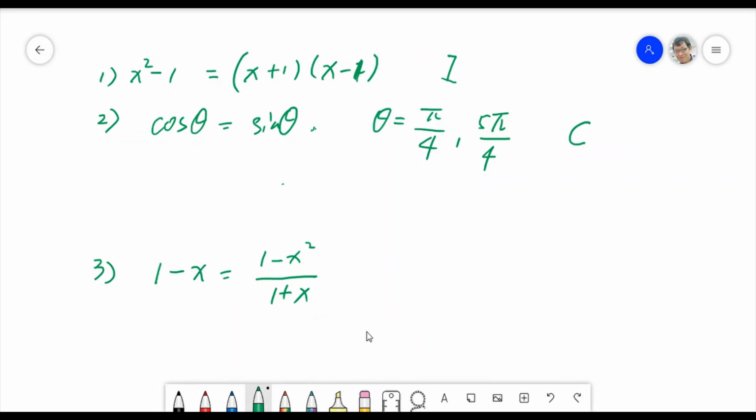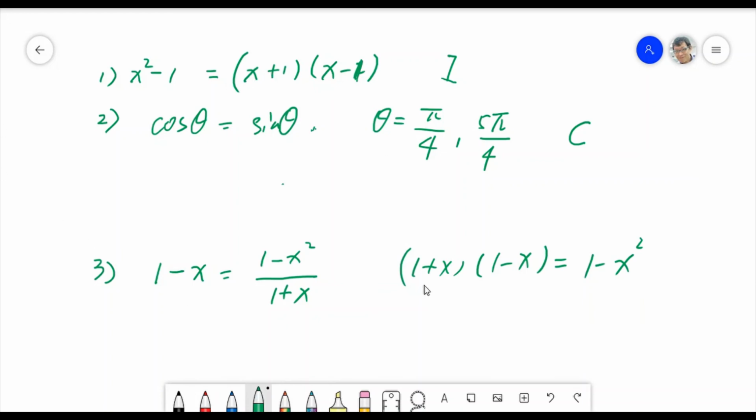This is a little confusing. In fact, this looks like identical, because if you multiply 1 plus x on both sides, so 1 plus x and then 1 minus x. In fact, they are the same, right? Similar to what we saw. This one is no difference.